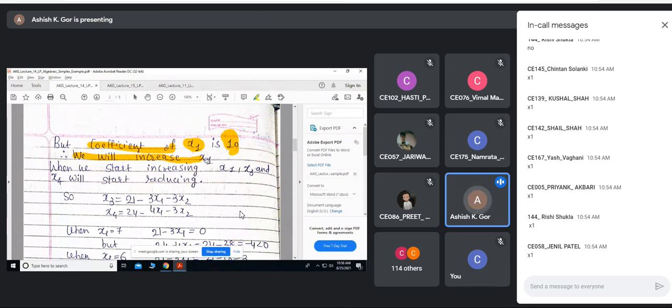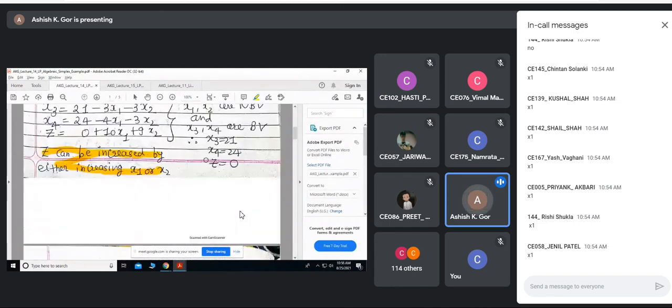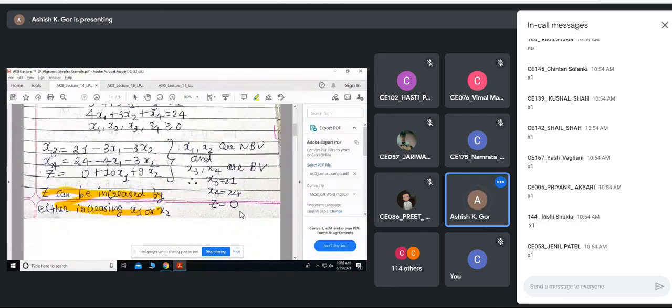Now listen, carefully observe these two equations. Once you start increasing x1, can I say x3 and x4 start decreasing?